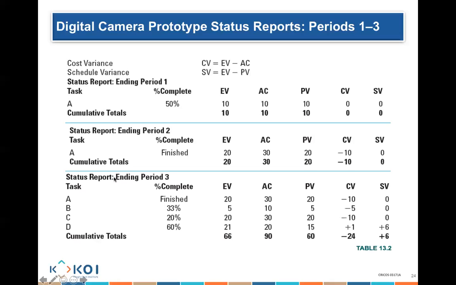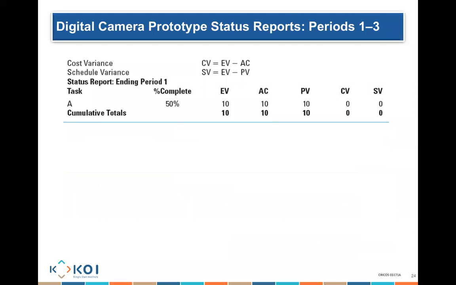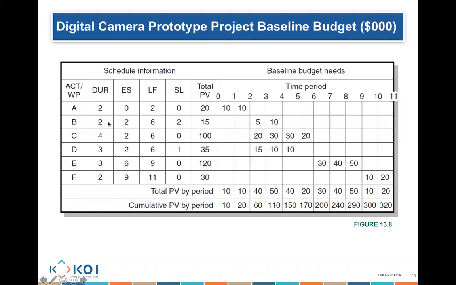Week 3. Okay, well, we know A is finished. So how do we get the figures for A? Well, they're here: 20, 30, 20, minus 10, and 0. We already know that from week 2. We know activity B is 33% completed. Okay, great. Let's go to activity B. Activity B is planned $5 for period 2. We finished 33% of the work.